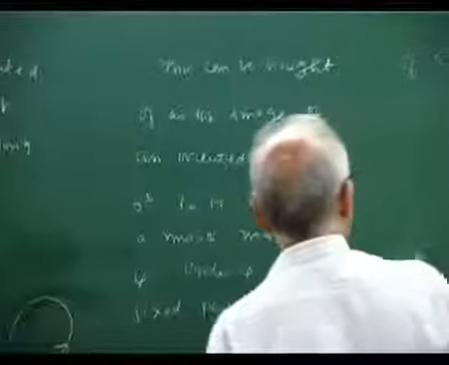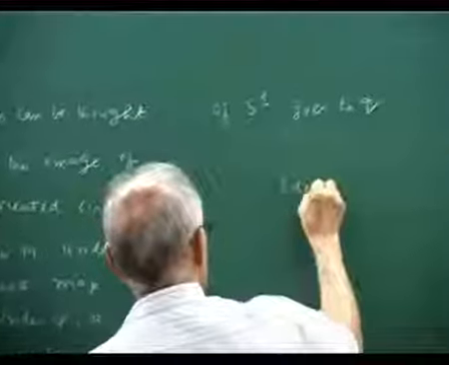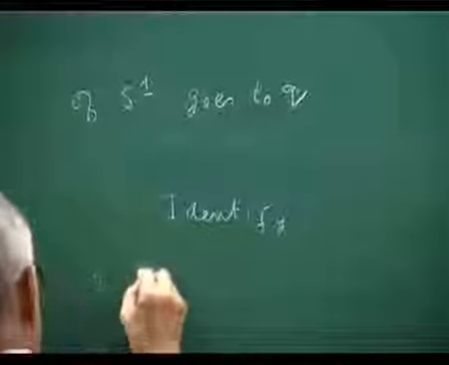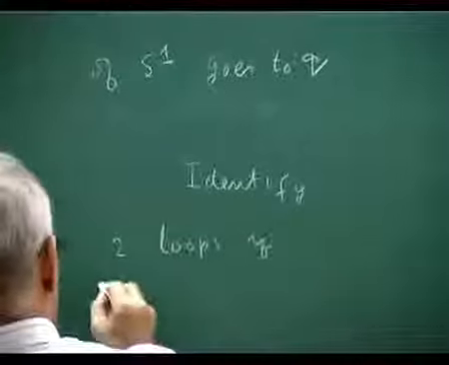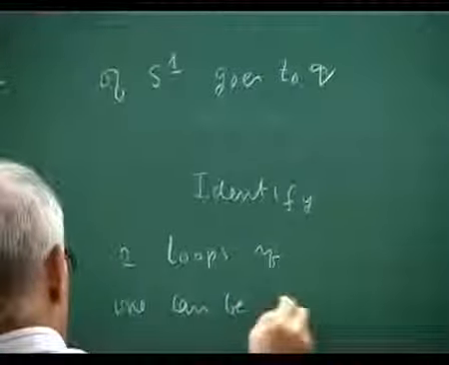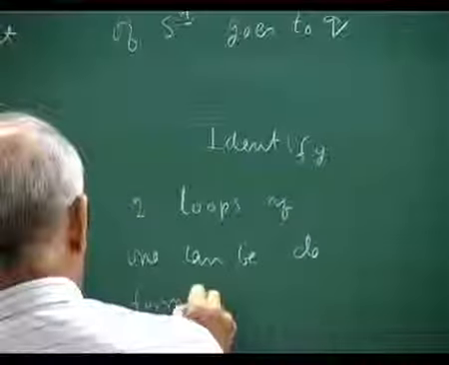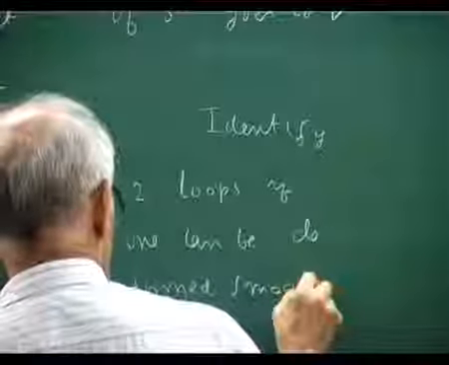Now the statement is: identify 2 loops if one can be deformed smoothly to the other.